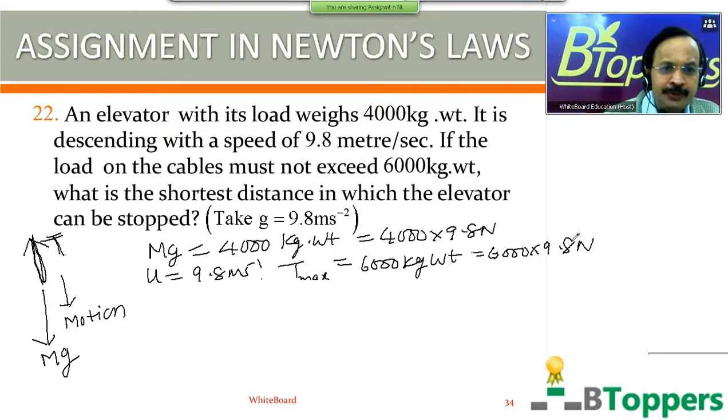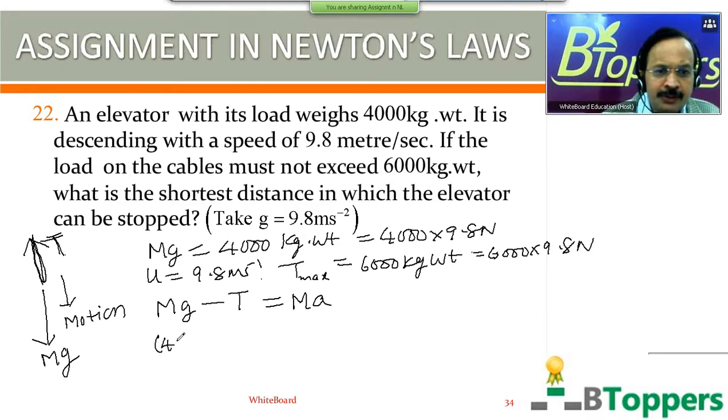So if you choose the downward direction, that is the direction of the motion, as the positive direction, then the resultant force on the system in the direction of the motion you can write as mg minus T, that is equal to mass into acceleration from Newton's second law. So you can write mg equal to 4,000 kg weight, T equal to 6,000 kg weight.